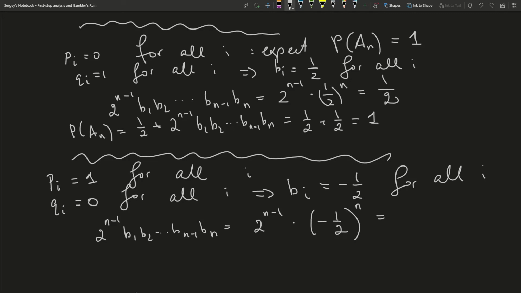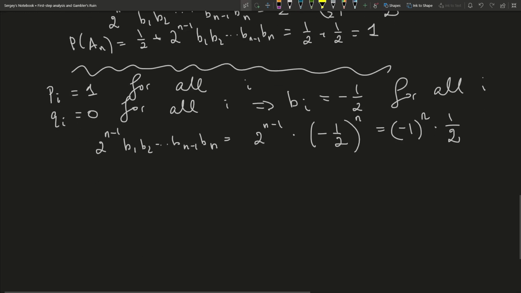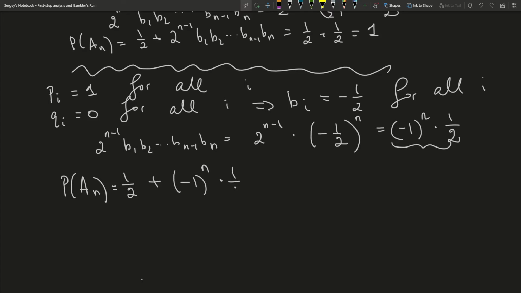So if we factor out the negative 1 to the nth power, we get negative 1 to the nth power times 1 over 2. And so again, we remember that the probability of an even number of successes is 1 over 2 plus this expression that we just found, so negative 1 to the n times a half.